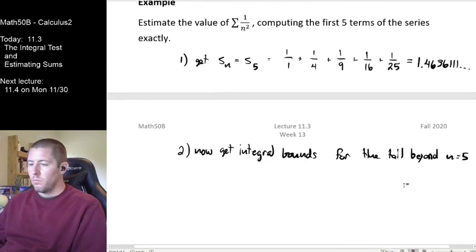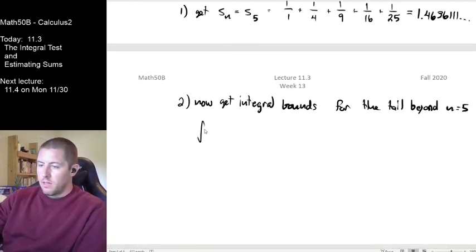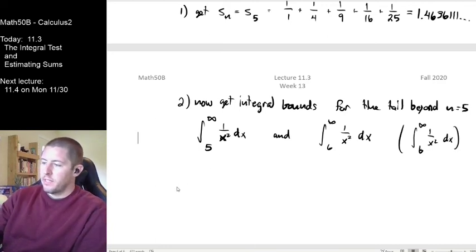So what that says to me is I want to know the integral from 5 to infinity of 1 over x squared dx, and the integral from 6 to infinity of 1 over x squared dx. So I'm just going to call these collectively the integral from b to infinity of 1 over x squared dx, so I don't have to do the work twice here.